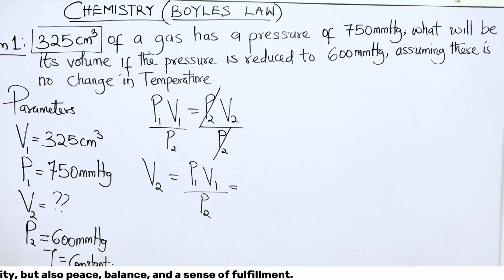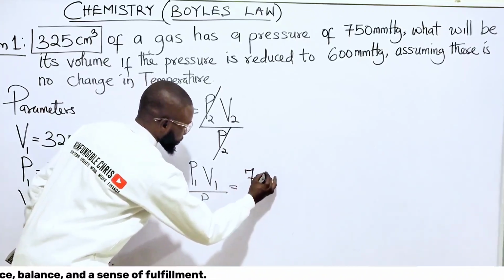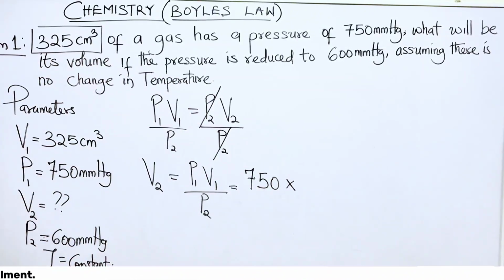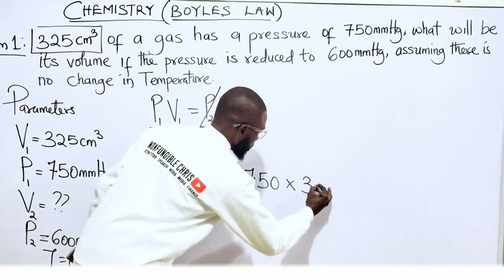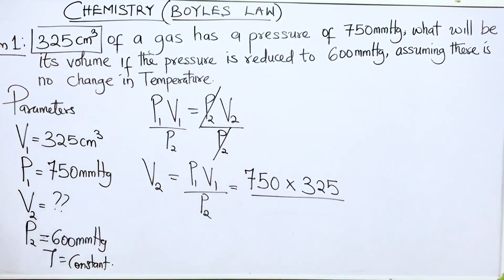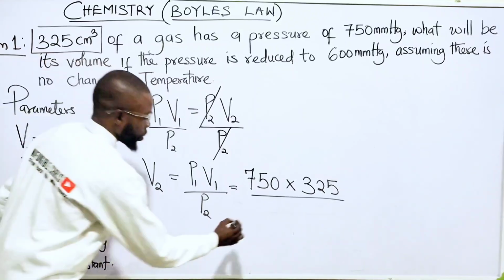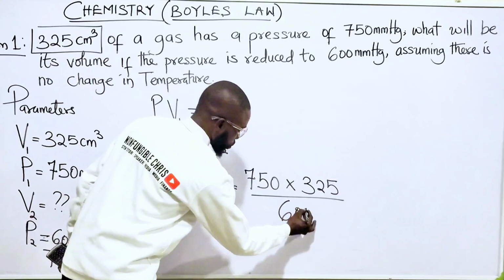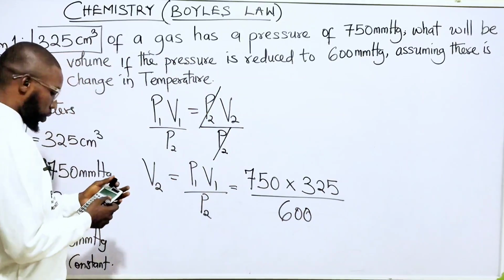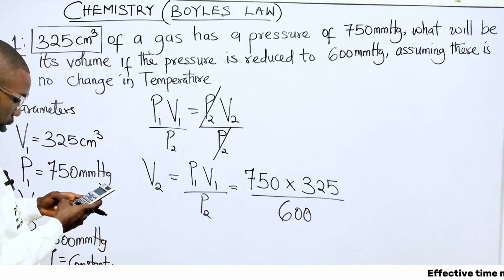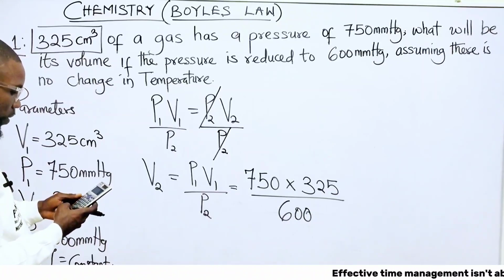What's our P1 there? First pressure is 750. So we have 750 times what's our V1? 325, all over our P2. What's our pressure 2? 600 there. So with a calculator, let's multiply 750 times 325. What do we have?